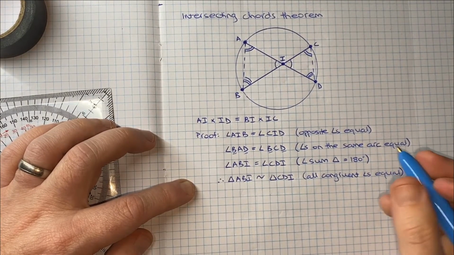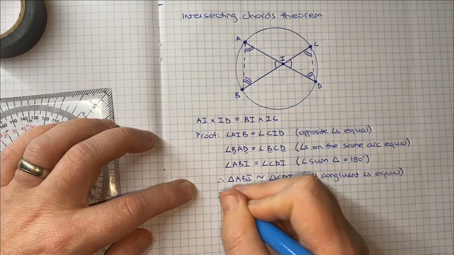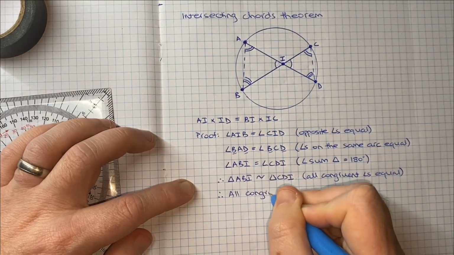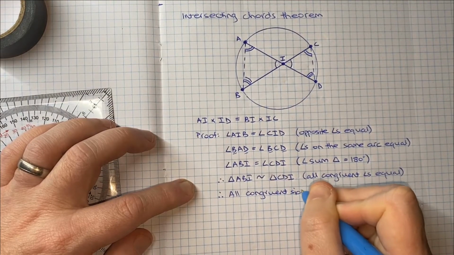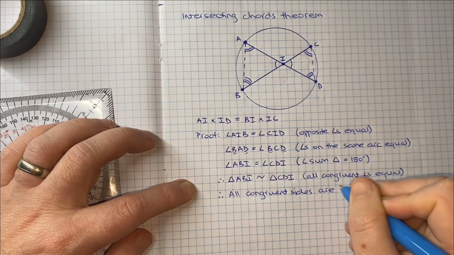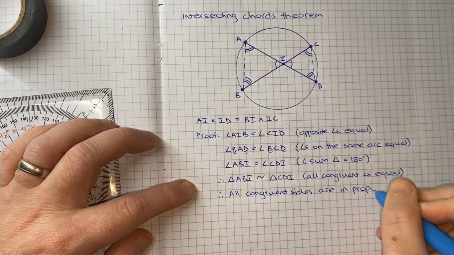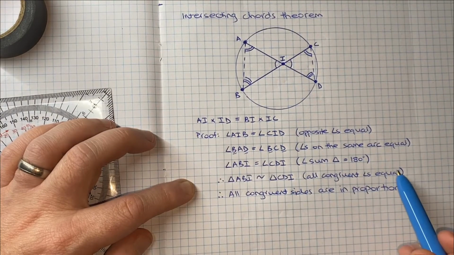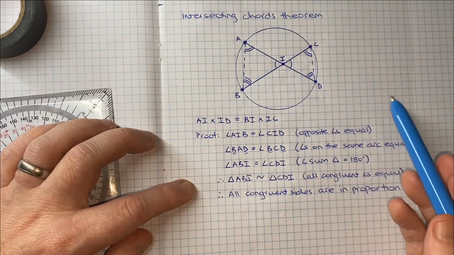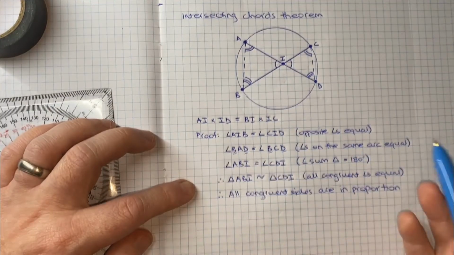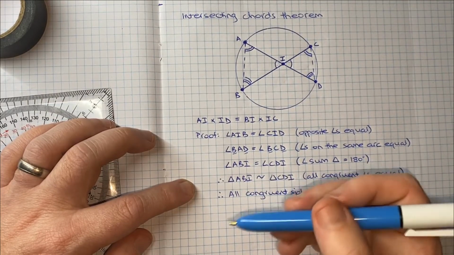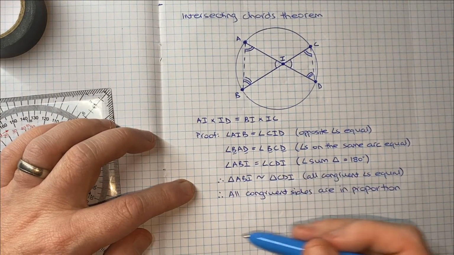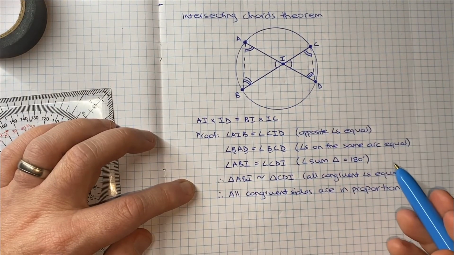And therefore, we can conclude that if the two triangles are similar, then all congruent sides are in proportion. And that's the essence of what then will let us get to this result. Because now, if we can just pick a pair of congruent sides, we can say they're going to be in proportion, or in other words, one of the congruent sides divided by another. That ratio will be equal to the equivalent ratio from the other triangle.